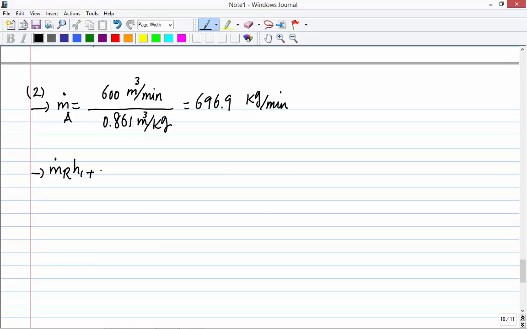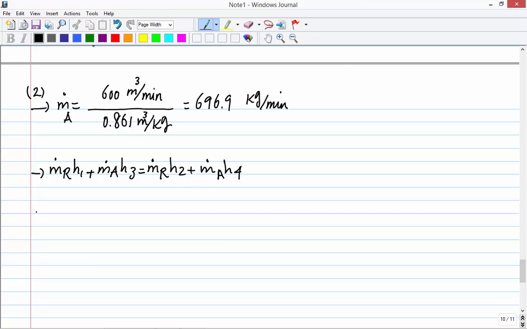Point 3, which is another inlet, is for air, was m dot a h3, equals point 2, the outlet for refrigerant, and point 4, the outlet for air.